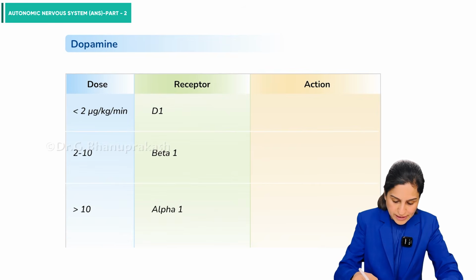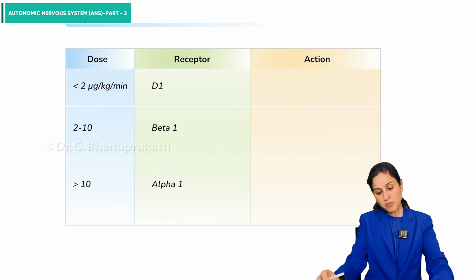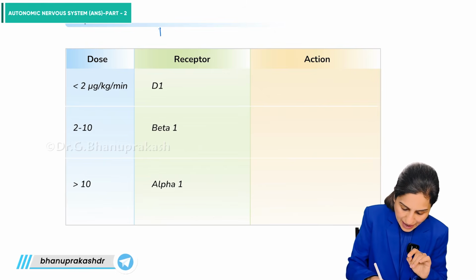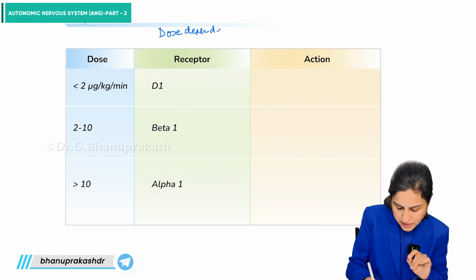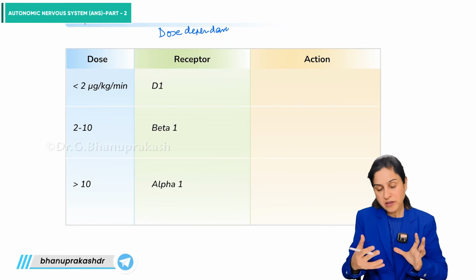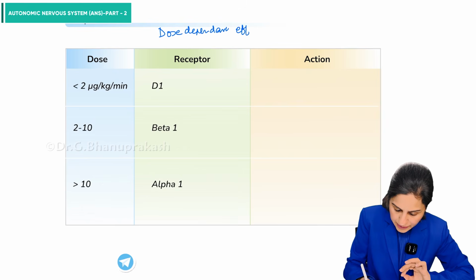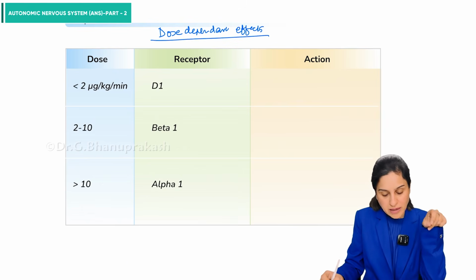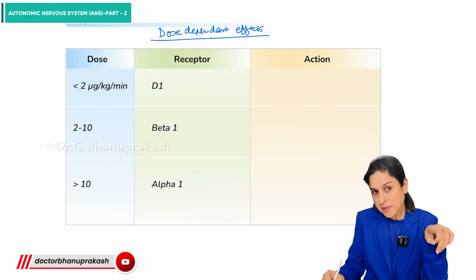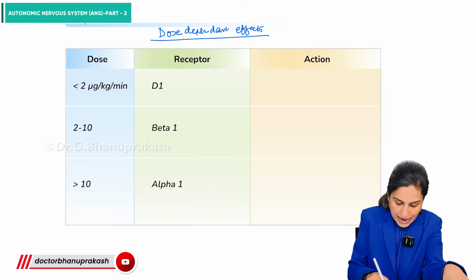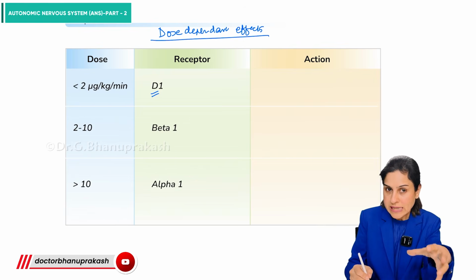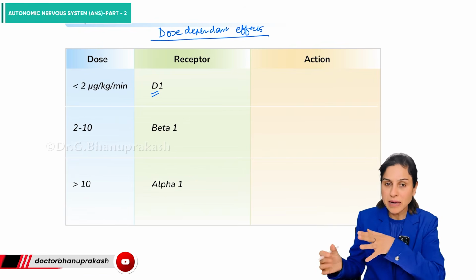So moving on to next, dopamine, another very important drug which is asked in the exam. Because dopamine has a dose dependent effect, all these dose dependent effects are important. When you give it as a lower dose, less than 2 micrograms per kg per minute, it acts on the D1 receptors and it leads to vasodilatation, especially of the renal blood vessels.